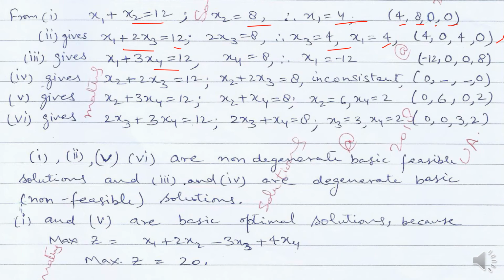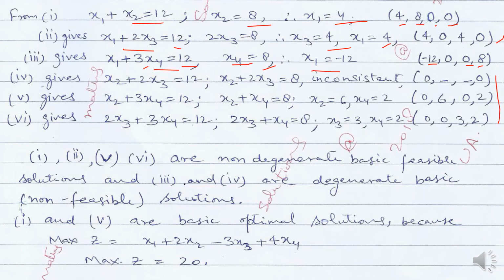When we put x2 and x3 as 0, we get x4 as 8, and from the first equation, when we put x4 as 8, this gives us x1 is equal to 12 minus 24. 12 minus 24 gives you minus 12. So we got the solution minus 12, 0, 0, 8, because x2 is 0, x3 is 0, and x4 is 8.